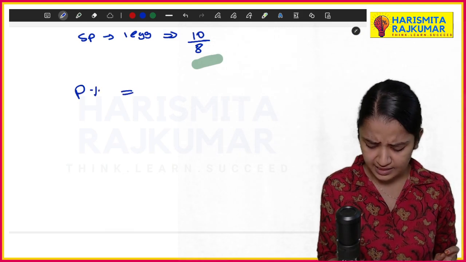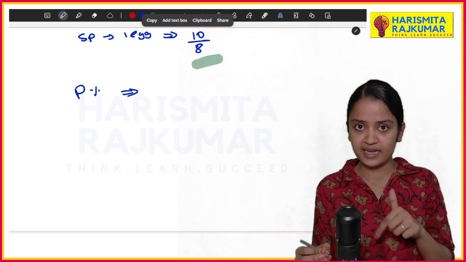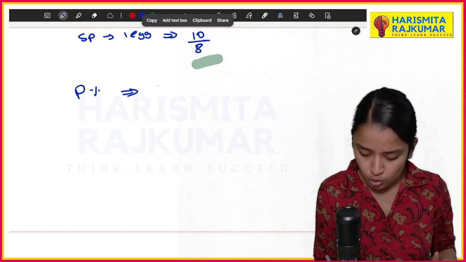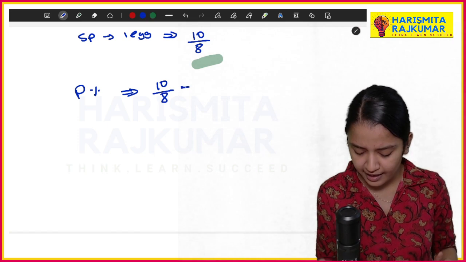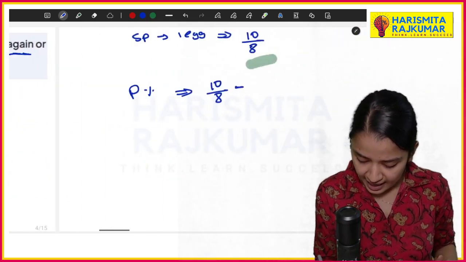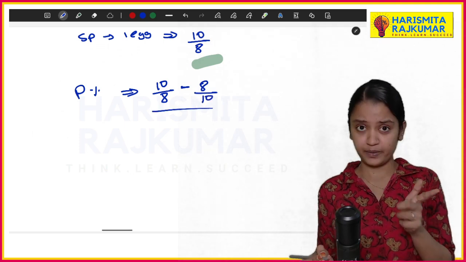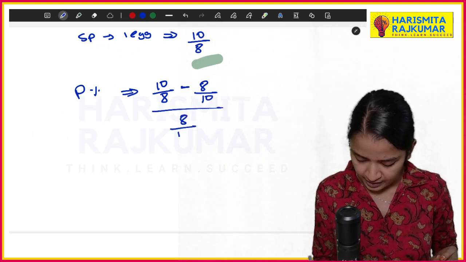Profit percentage is (SP minus CP) by CP into 100. SP is 10 by 8 and CP is 8 by 10, so it is (10 by 8 minus 8 by 10) divided by 8 by 10, into 100.